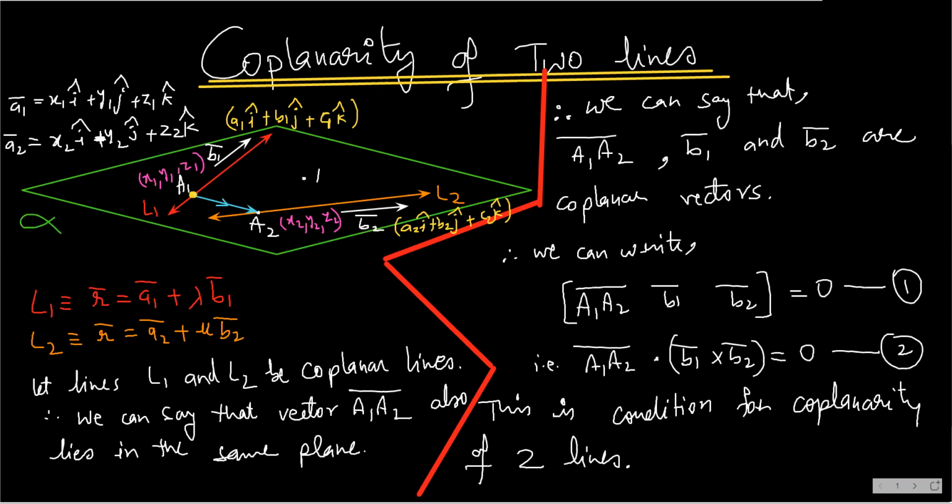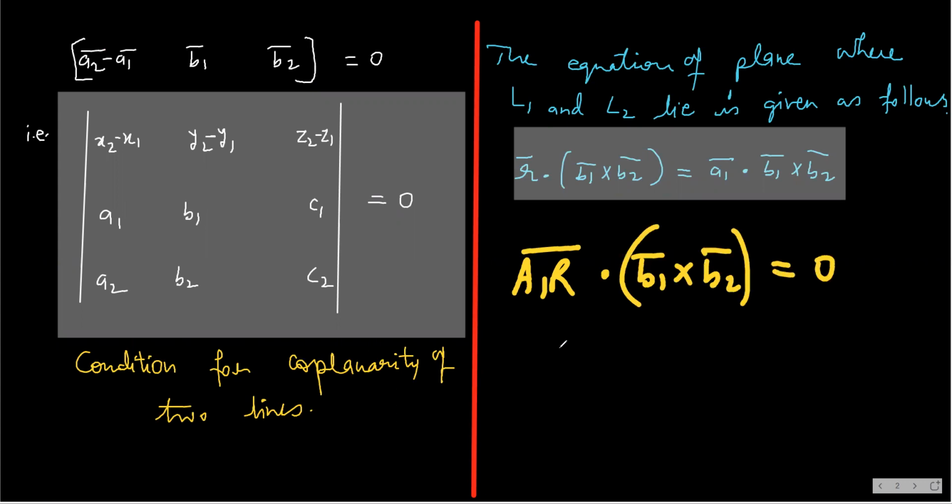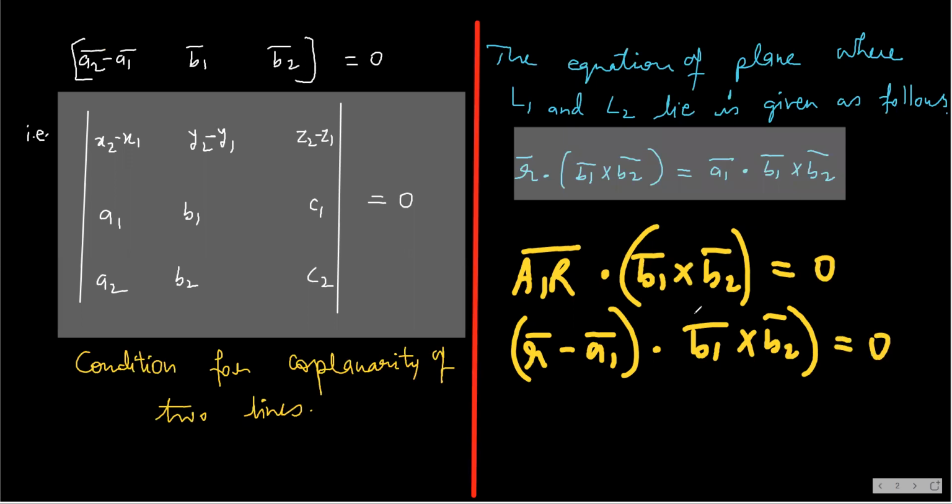So here you will say A1 R bar dot B1 bar cross B2 bar is equal to 0. That is R bar minus A1 bar dot B1 bar cross B2 bar is equal to 0. In case you forget, you can do this whole process. Now, this dot you will distribute over difference.